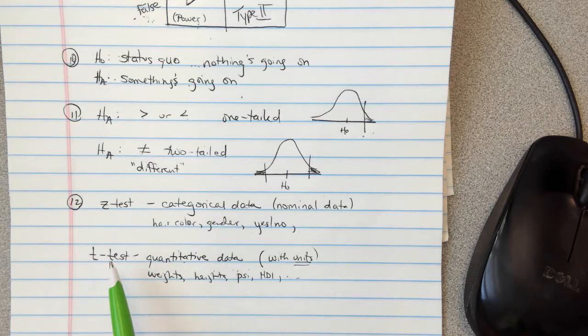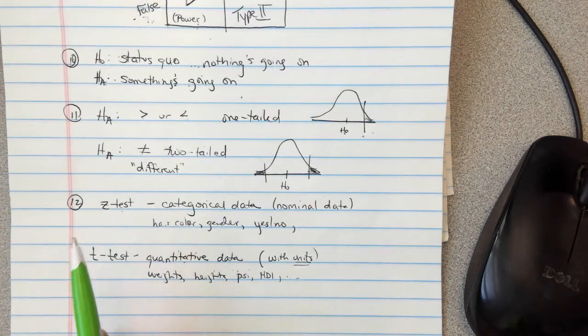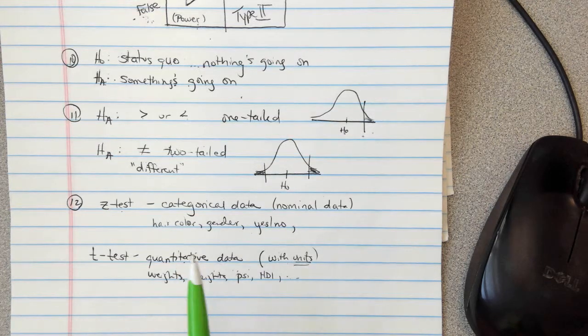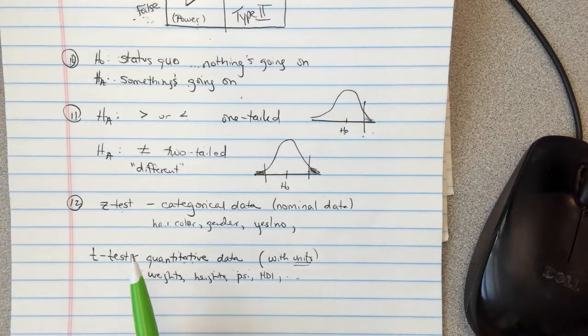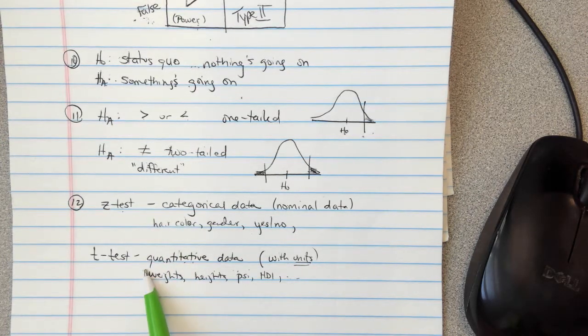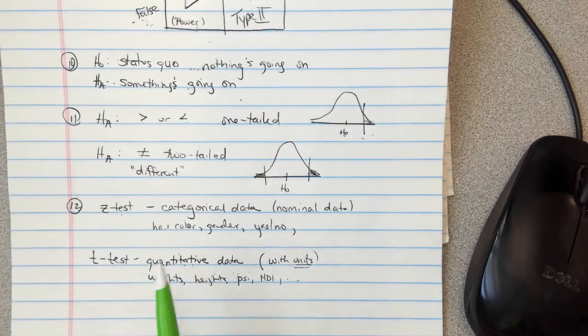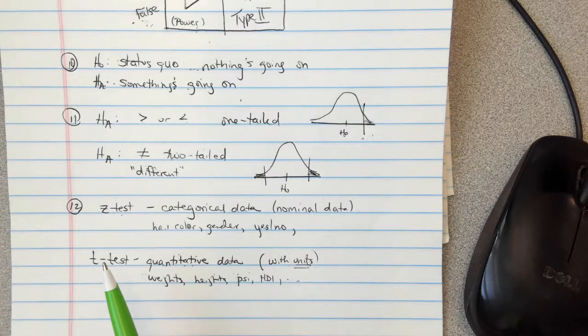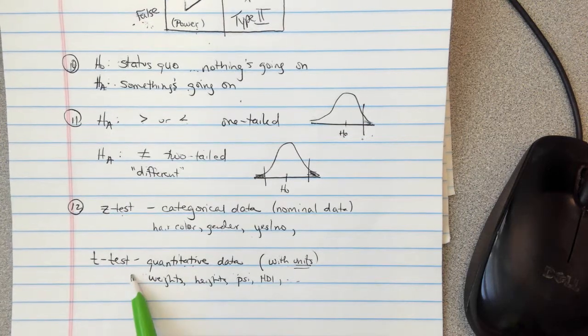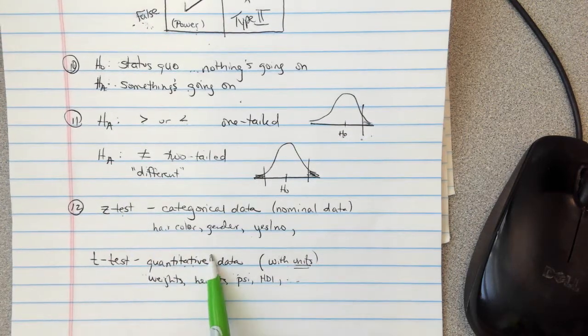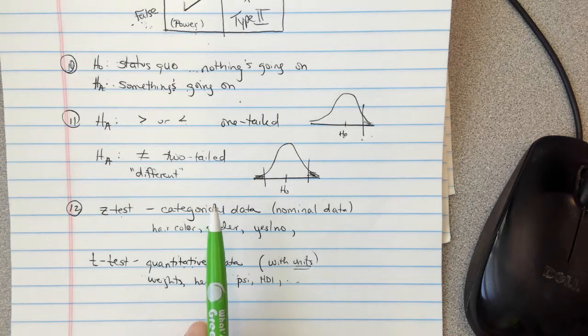Now, some old-fashioned professors use z-tests on quantitative data if you have certain conditions that are met. But that was. I'm going to be frank. The only people that still do that are the ones that haven't discovered modern calculators. If you have a modern calculator, you would never run a z-test on quantitative data because t distributions have more variability than z, and quantitative data has more variability than categorical.